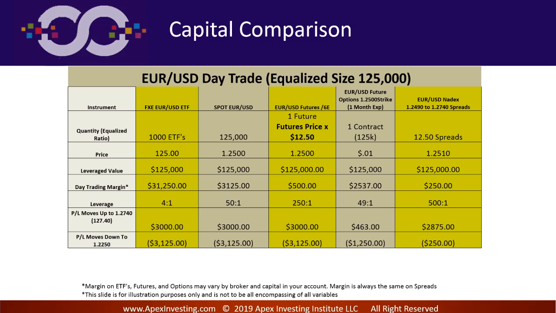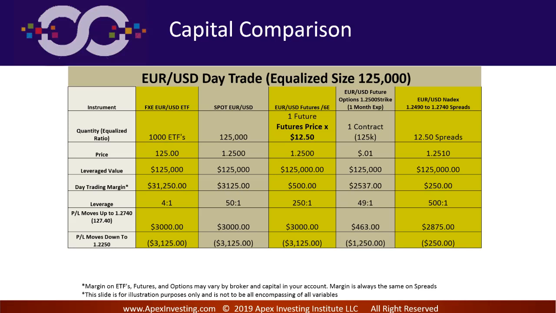To do this on day trading margin, you put $31,000 on an ETF, exchange traded fund, which is sort of like a stock. Okay? Or if you want to do spot FX, you put up $3 grand. $500 if you want to trade a future on the day trading margin, if you had discounted day trading margin. $2,500 on an option.